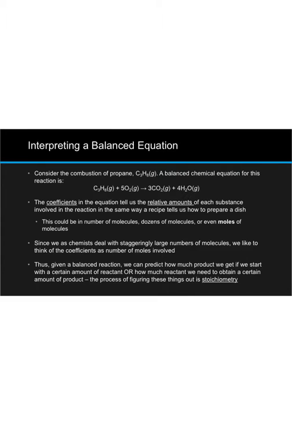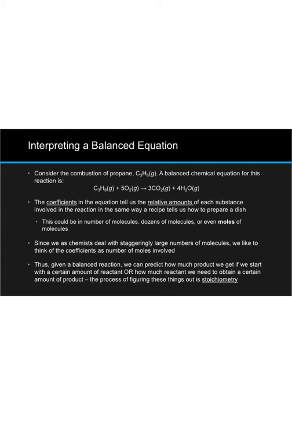Therefore, we can interpret this combustion reaction above as indicative of 1 mole worth of propane reacting with 5 moles worth of oxygen to form 3 moles worth of carbon dioxide and 4 moles worth of water vapor.